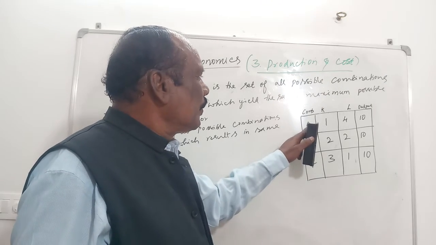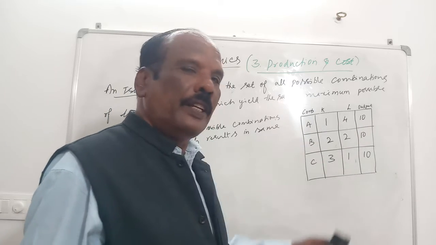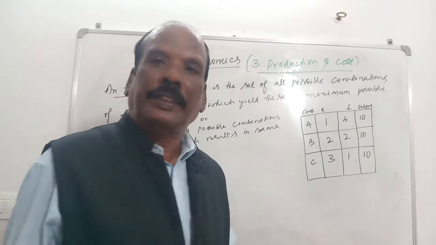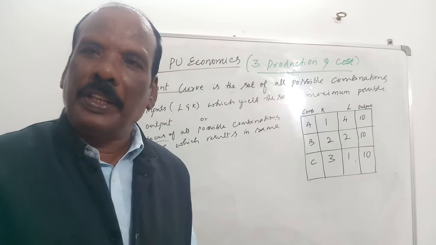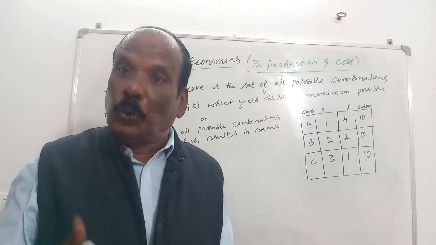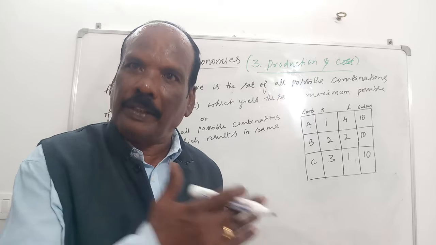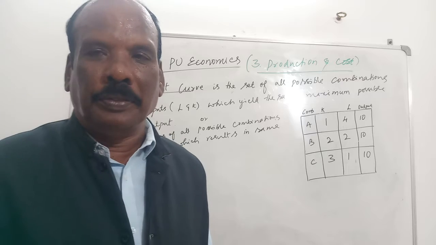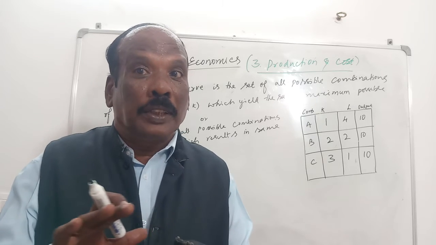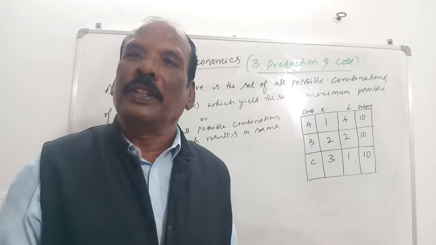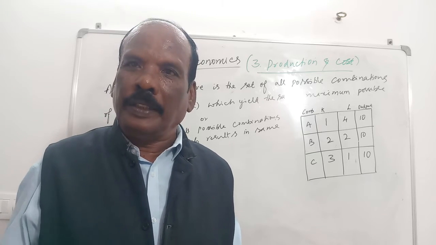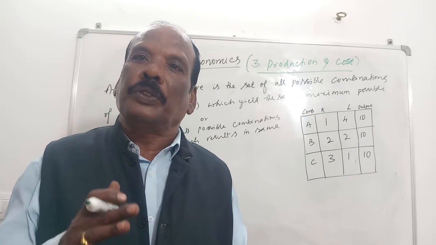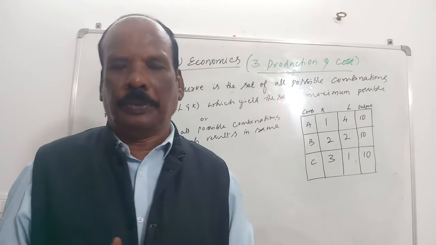You just see combination A yields 10 units, combination B yields 10 units, combination C yields 10 units. That means all the combinations of two inputs, namely capital and labor, yield the same level of output. Should not be confused. Don't use satisfaction. That comes in chapter 2. Chapter number 3 deals with the theories of production and cost. So we should think of inputs and outputs.